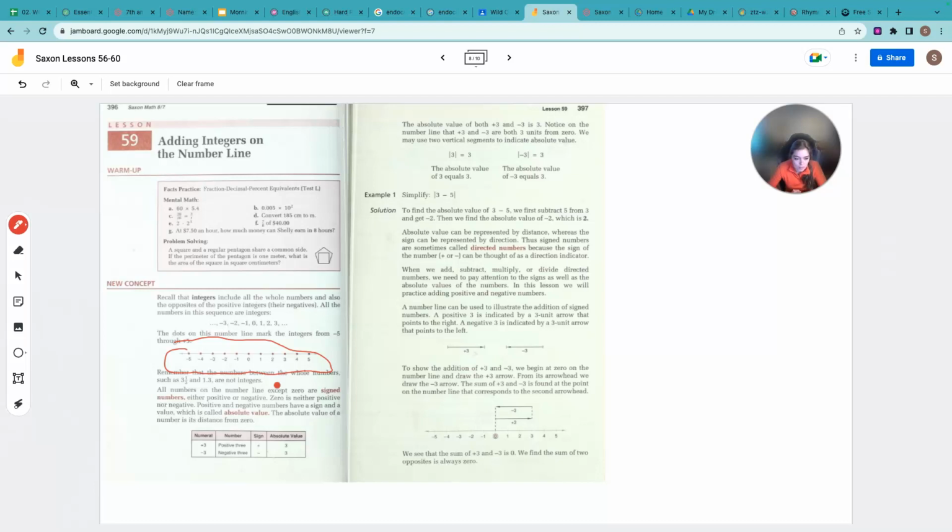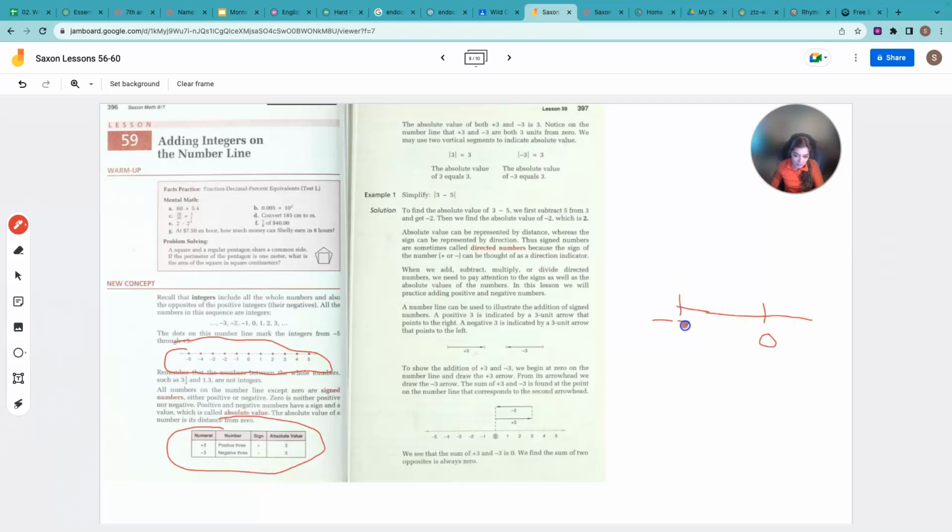Positive and negative numbers have a sign and a value, which is called an absolute value. The absolute value of a number is its distance from 0. So, you can see on this table, it's small, but if I ask you for -3's absolute value, it's just asking how many numbers it is away from 0.